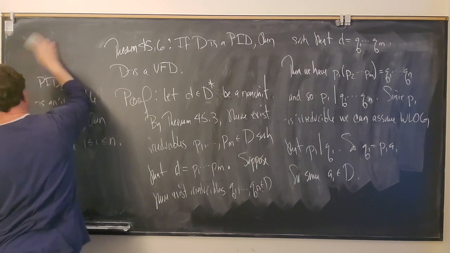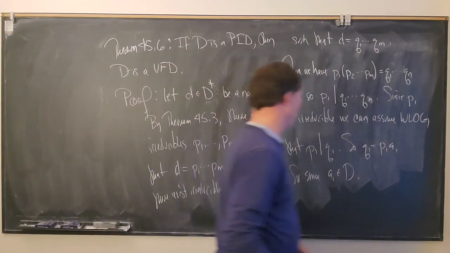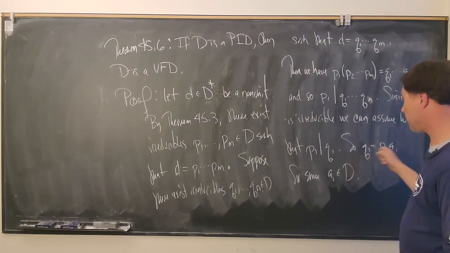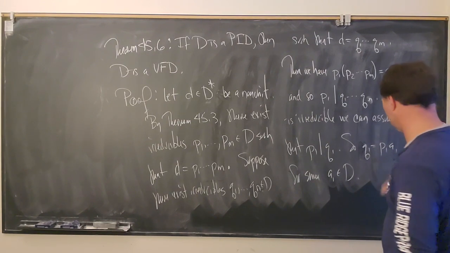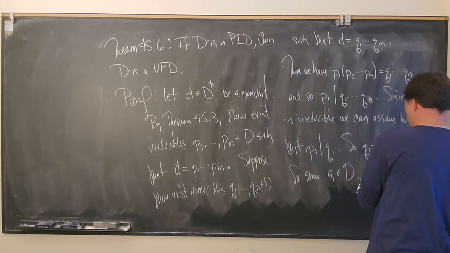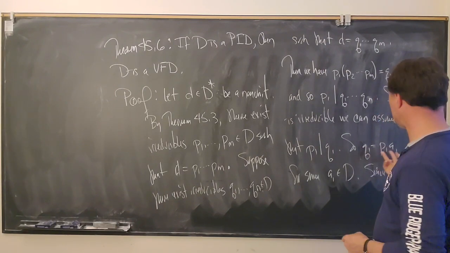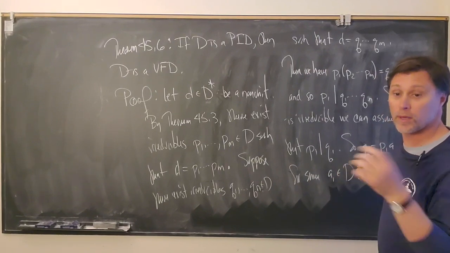But wait a minute. Let me think here. Q1 is irreducible. P1 is not a unit. That means A1 has to be a unit. Since Q1 is irreducible, which means that anytime you factor it, one of the two has to be a unit. We know that P1, because it's an irreducible, is not a unit.